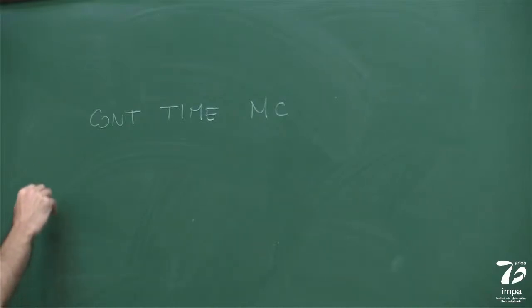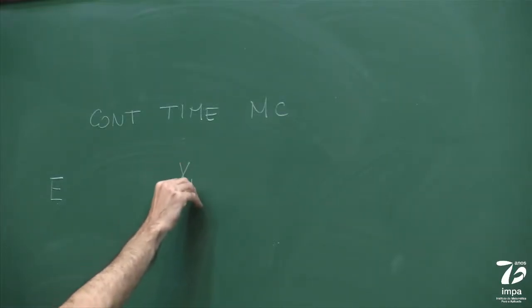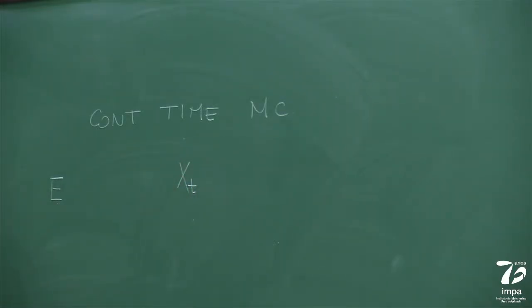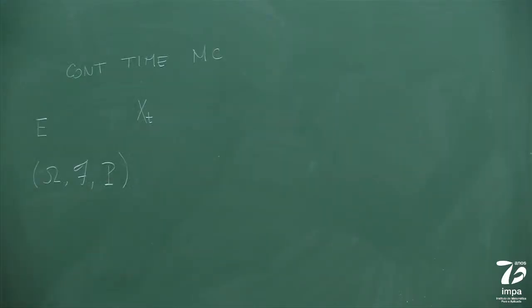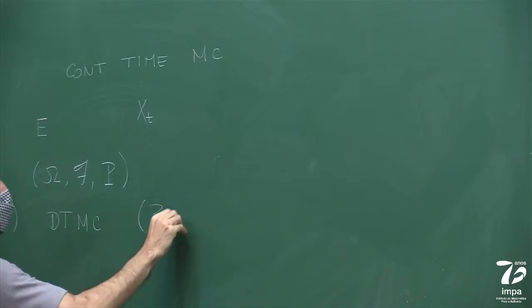So we have a finite set E, and I will construct a process xt from 3 objects. So I will assume that there exists a space, omega F P, and that in this space we have a Markov chain, discrete time Markov chain, which I will represent by psi n.